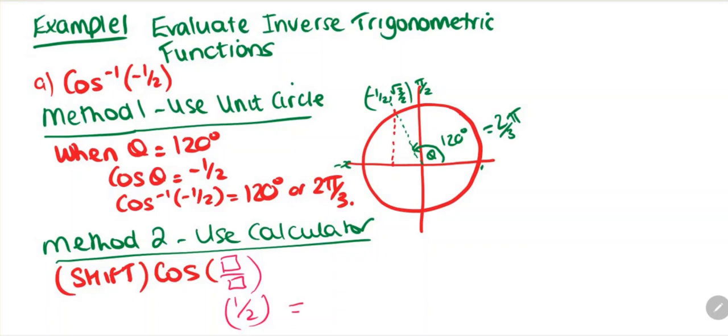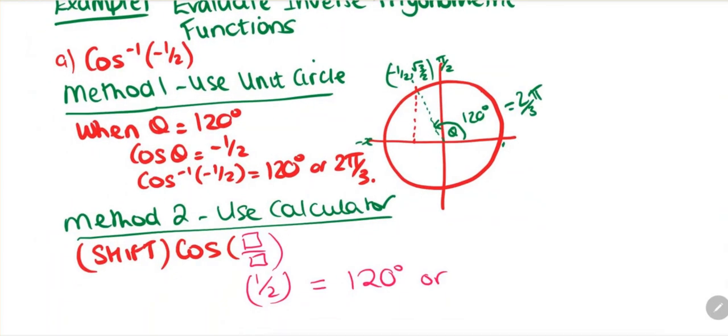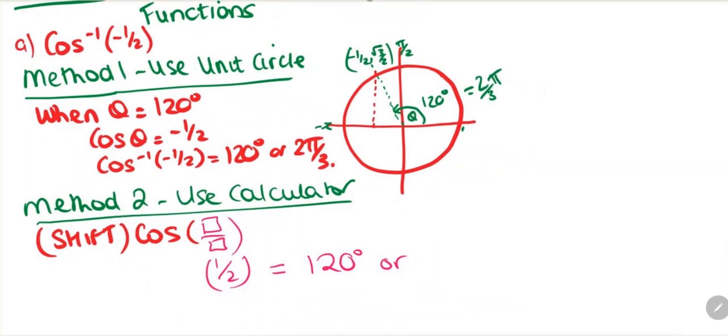So this will give us the answer of 120. And if you wanted to convert that into radians, we'd say 120 times pi divided by 180, 60 into this 2 times, and here 3, so that would be 2/3 pi.